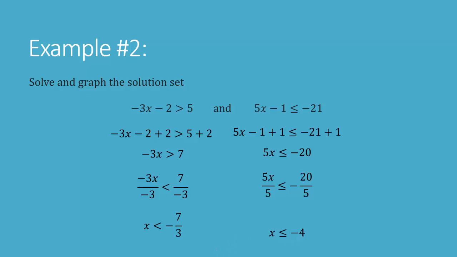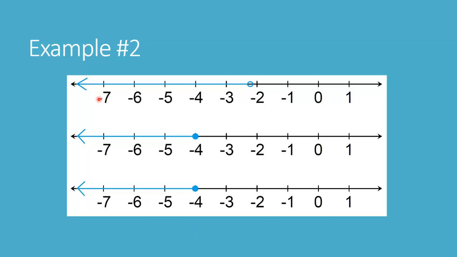So now we just graph our little solution set. So we have first x is less than negative 7/3, which is negative 2 1/3. So it's not equal to it, so we have an open circle here. And it's every number less than that. Then we know x is less than or equal to negative 4.